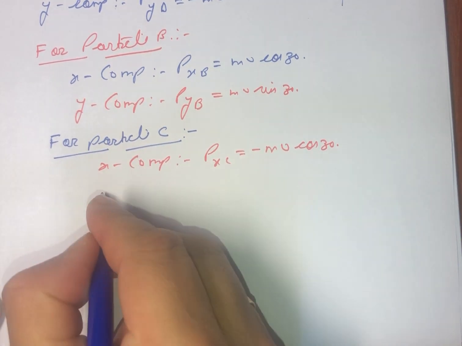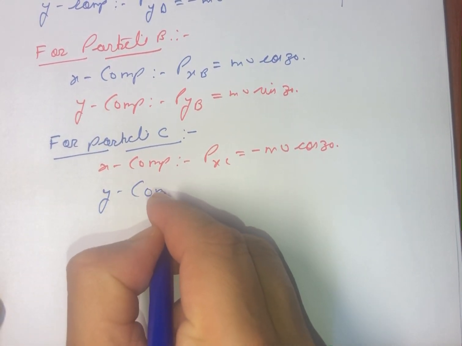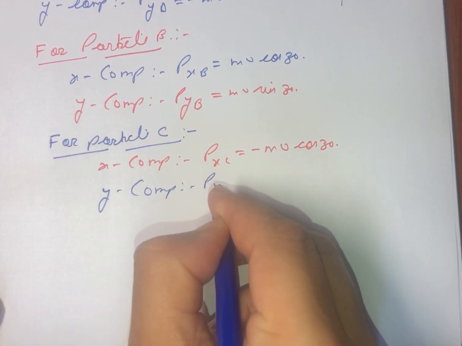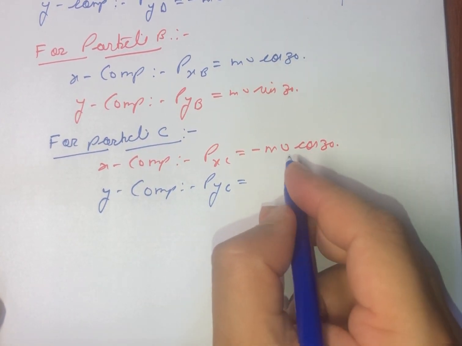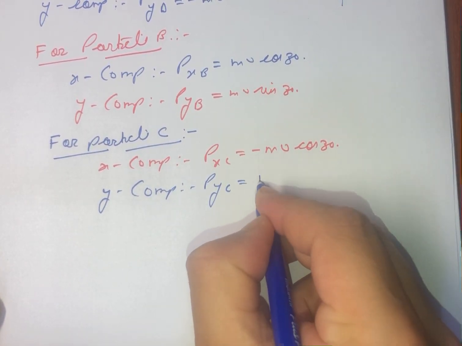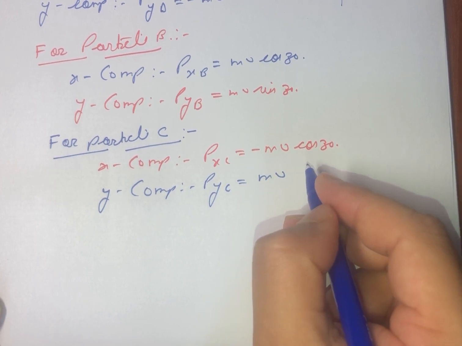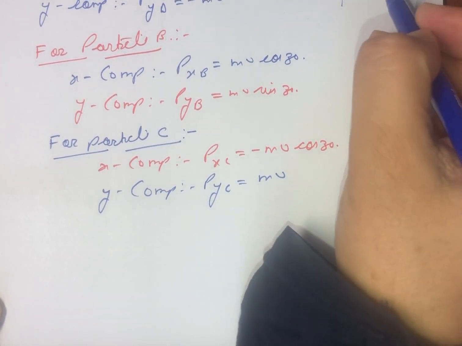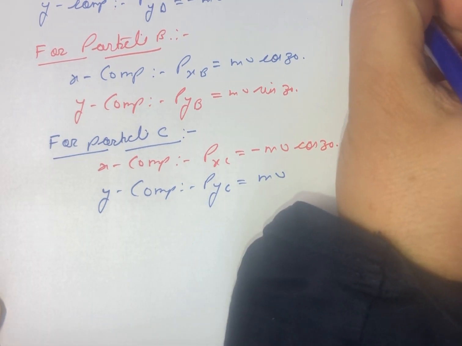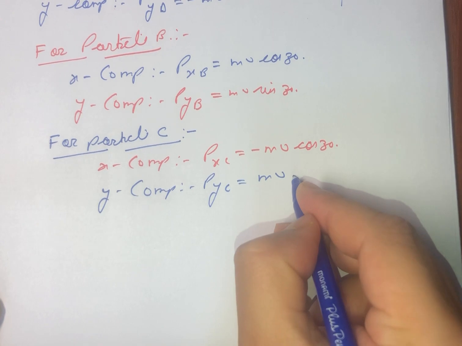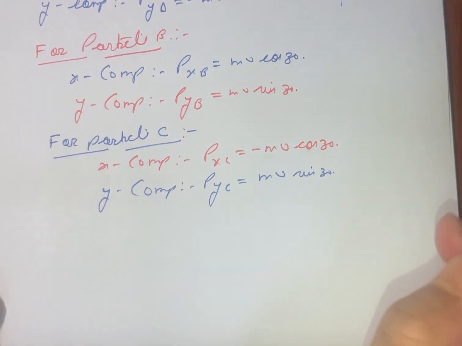And we have the y component pyc, and that will be equal to mv, sorry, that's my mistake, this should be sine not cos, so mv sin 30.